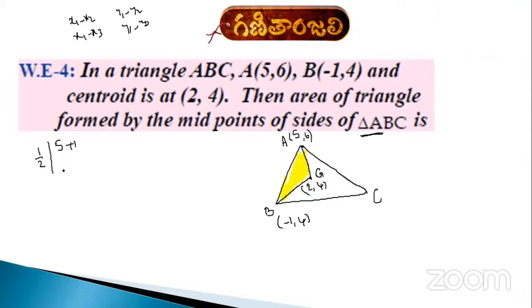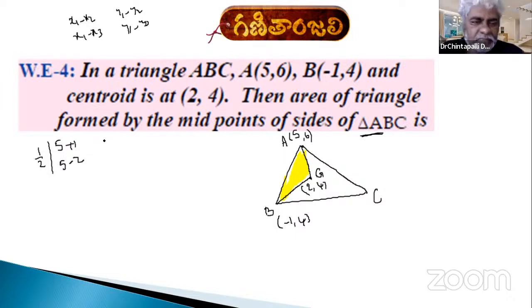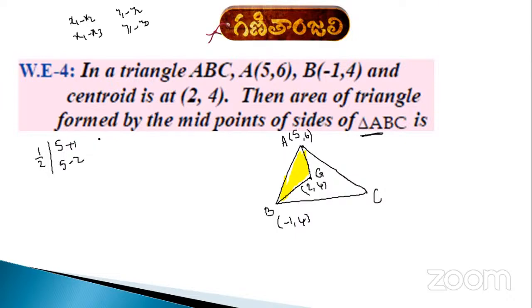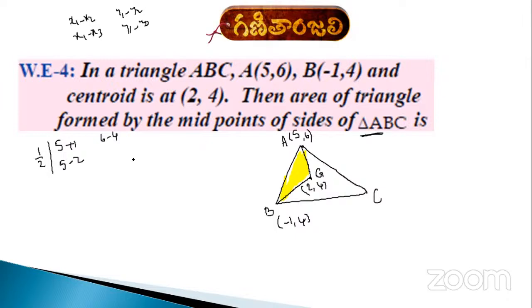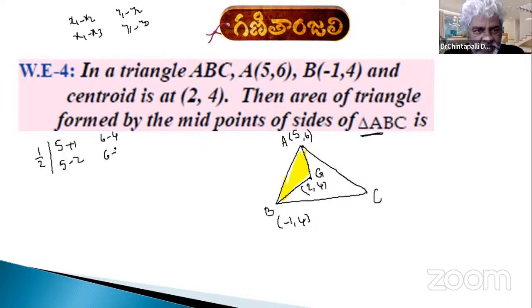Next, y1 minus y2, 6 minus 4. And y1 minus y3, 6 minus 4. Same, 6 minus 4, both equal, right?